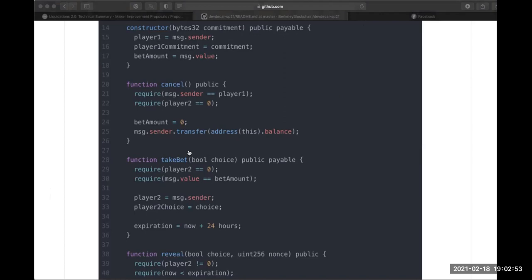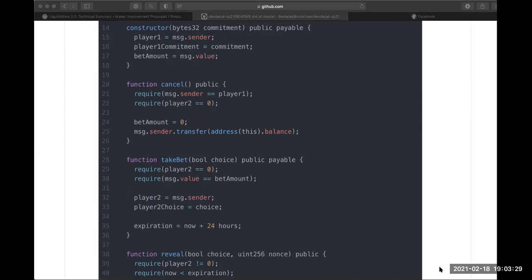I have no idea what I'm talking about either. Payable is a modifier on a function, and it allows the function to receive ether. Let's say you have a mapping of deposits.